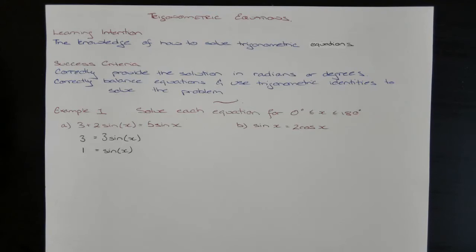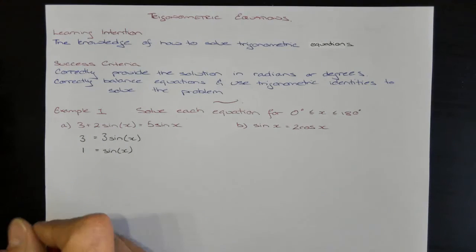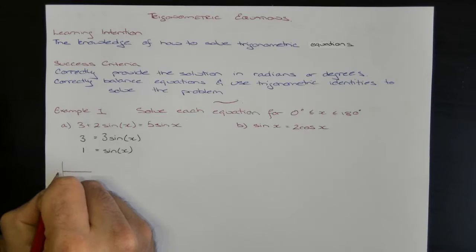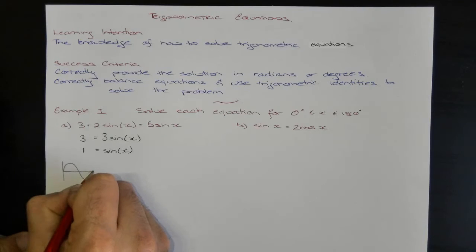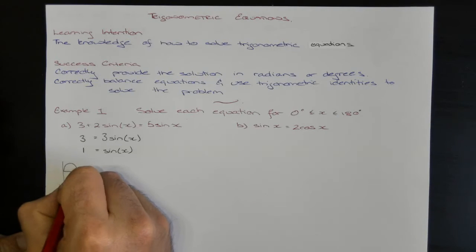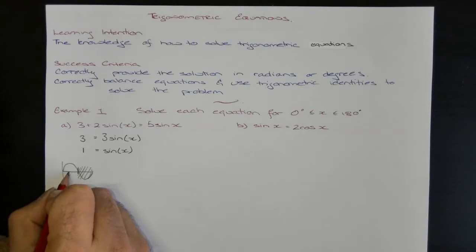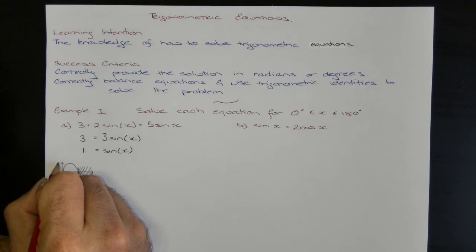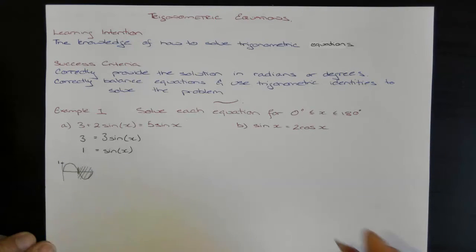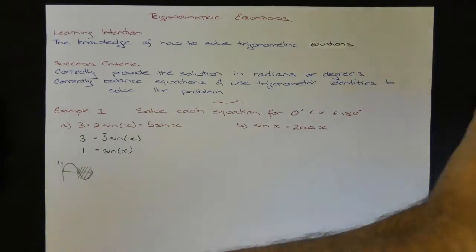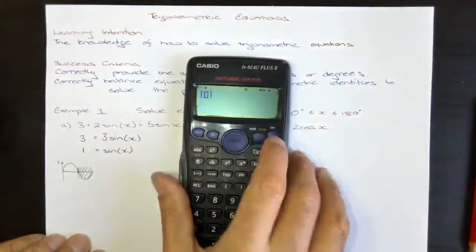Okay, so if I looked at my sine curve, and it's from 0 to 180, just a quick sketch. There's the sine curve. That's 360. So I'm only looking at this half of the curve. Where is sine x equal to 1? So I'm in degrees, so I need to make sure my calculator is in degrees.